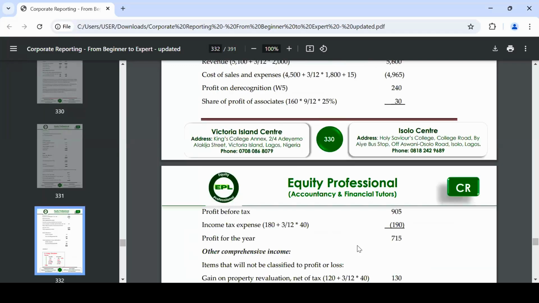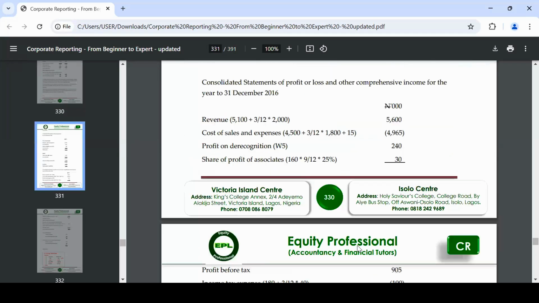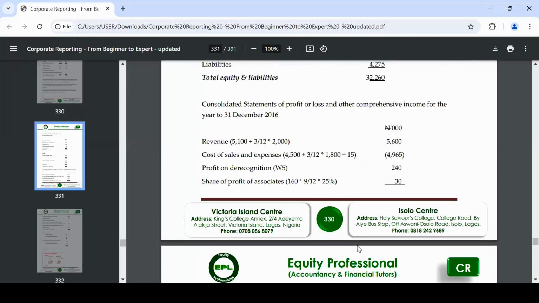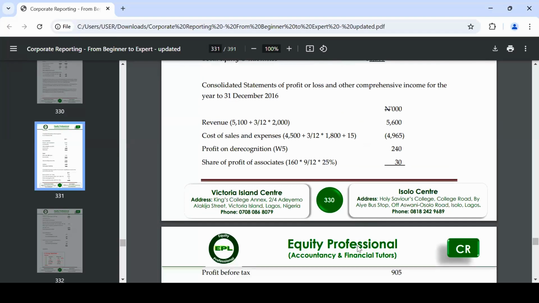So that's why I'm saying 3/12. But don't forget that we did an adjustment, and that's that 15 that they brought in here. Okay, and then also there is a profit on the recognition that belongs to the parent.